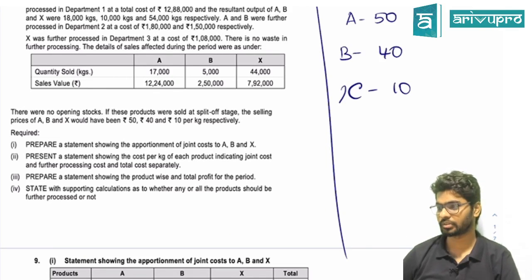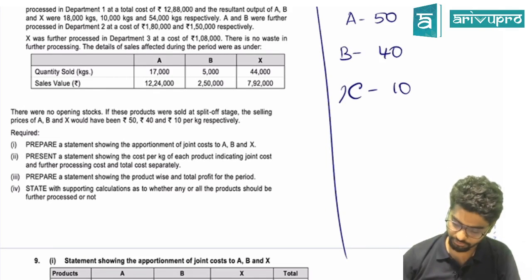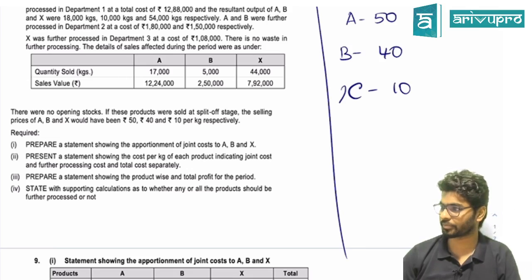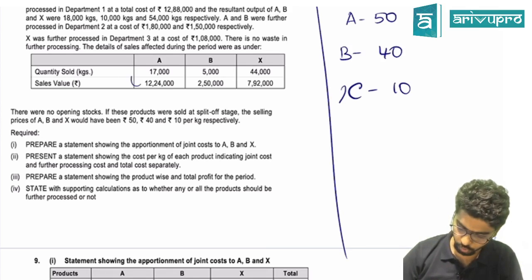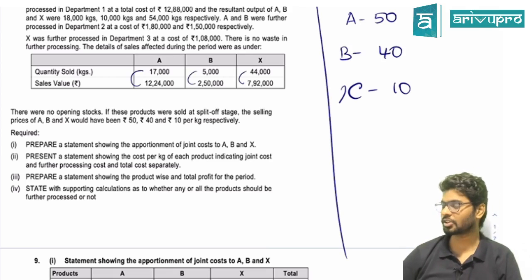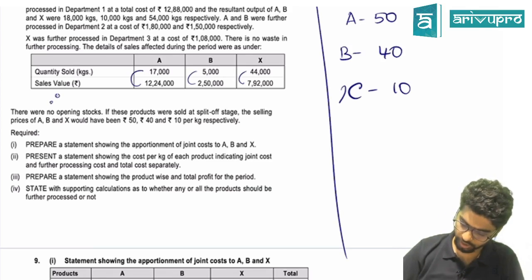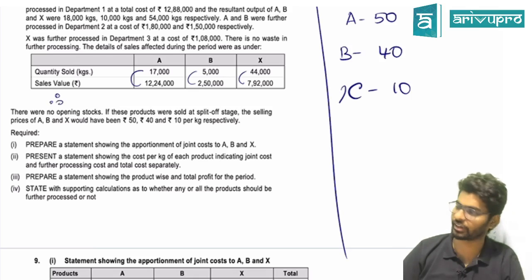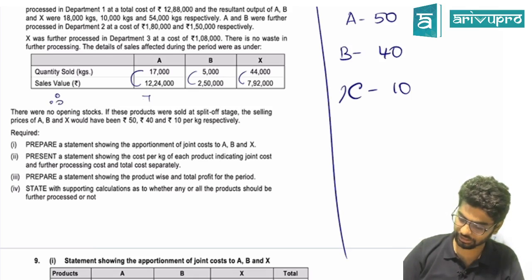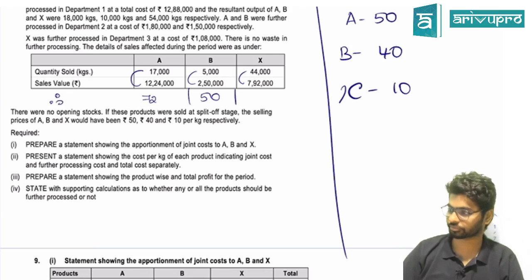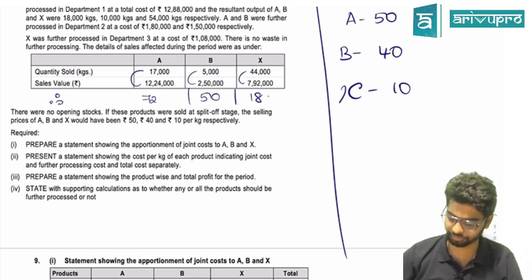Yes or no? Now, if you further process it, I want you to do this calculation and tell me what's going to be your cost per unit. That is your selling price per unit. Do a working note. 1224 divided by 17,000, I think it is 72, 50 and 18.